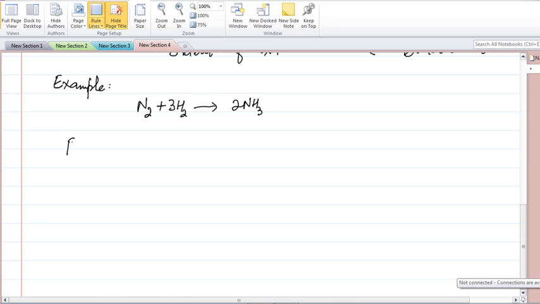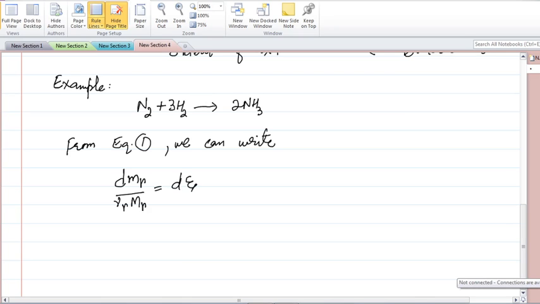So from equation 1 we can write change in mass upon mu gamma, molecular mass gamma will be simply equal to the change in zeta, you can say.